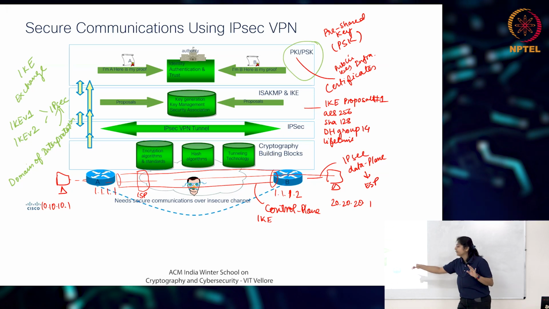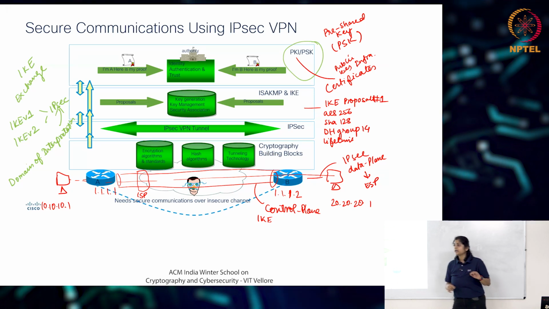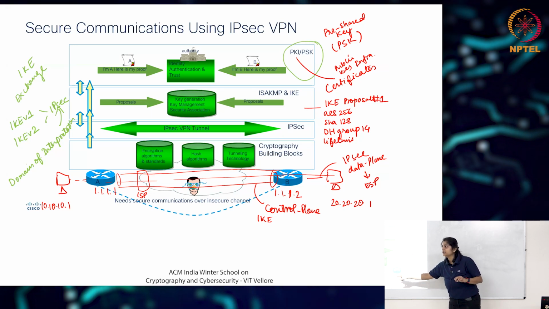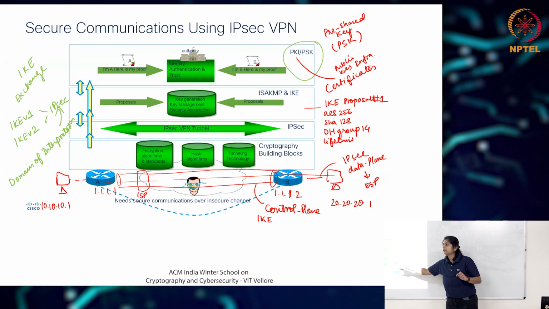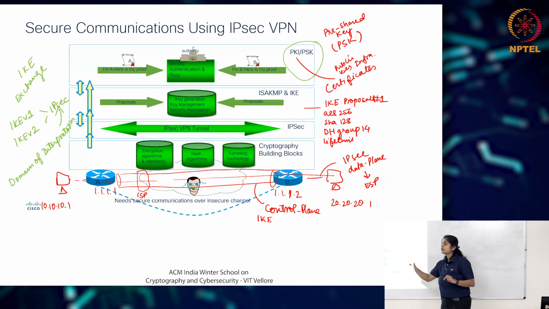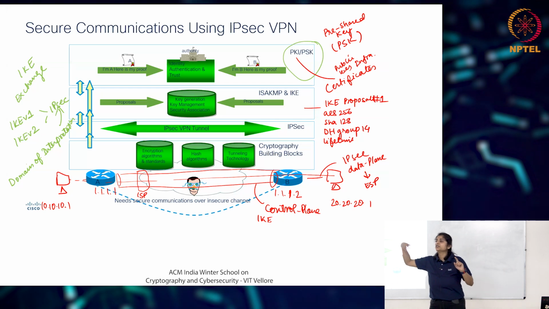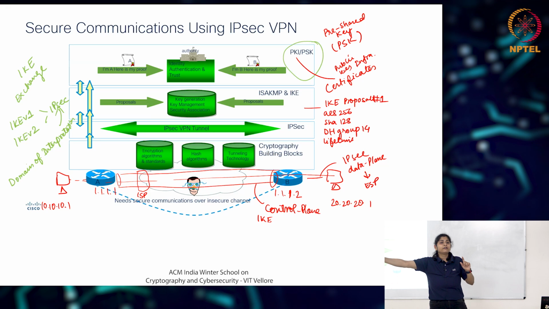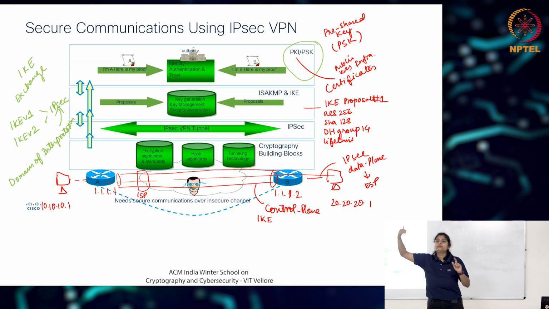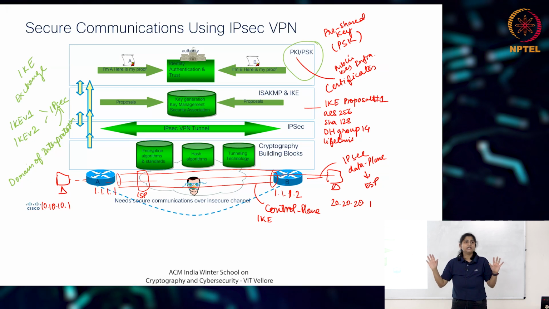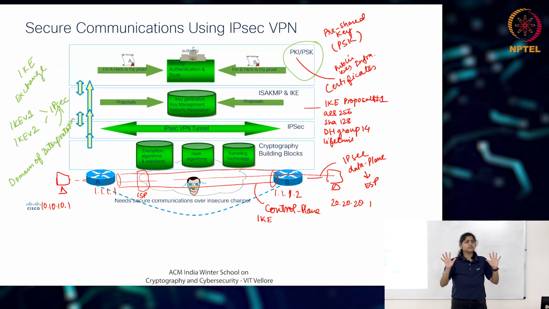But if any of these guys are behind a NAT device, the hash is calculated, the hash doesn't match, and these two guys establish that the other guy is behind a NAT device. We cannot use port 500 anymore; we will move to port 4500. Clear? Too much?